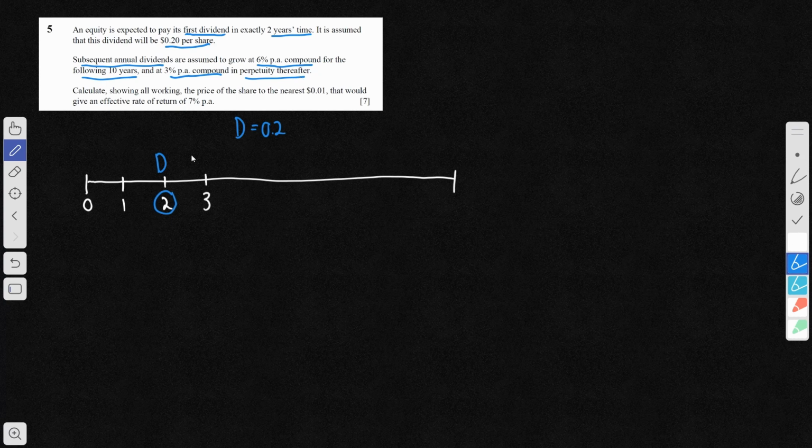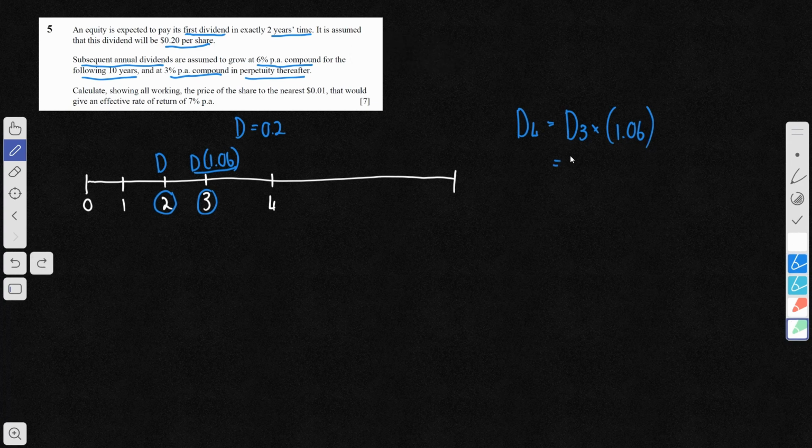So from this information, we know that the next dividend payment will be made at time 3 since the dividends are declared annually. We also know what the amount will be. It will equal the previous dividend payment plus 6%, or D times 1.06. So the dividend at time 4 will equal the dividend at time 3 multiplied by 1.06.